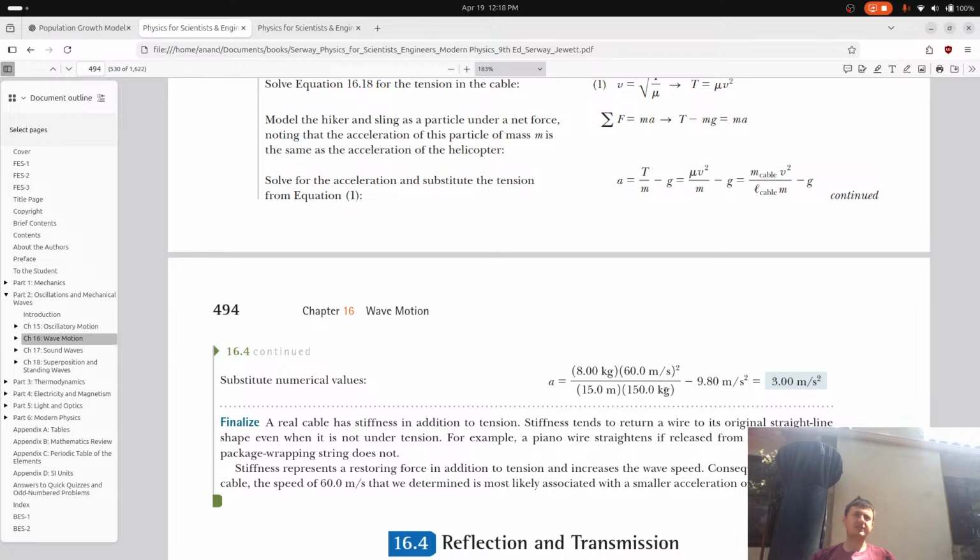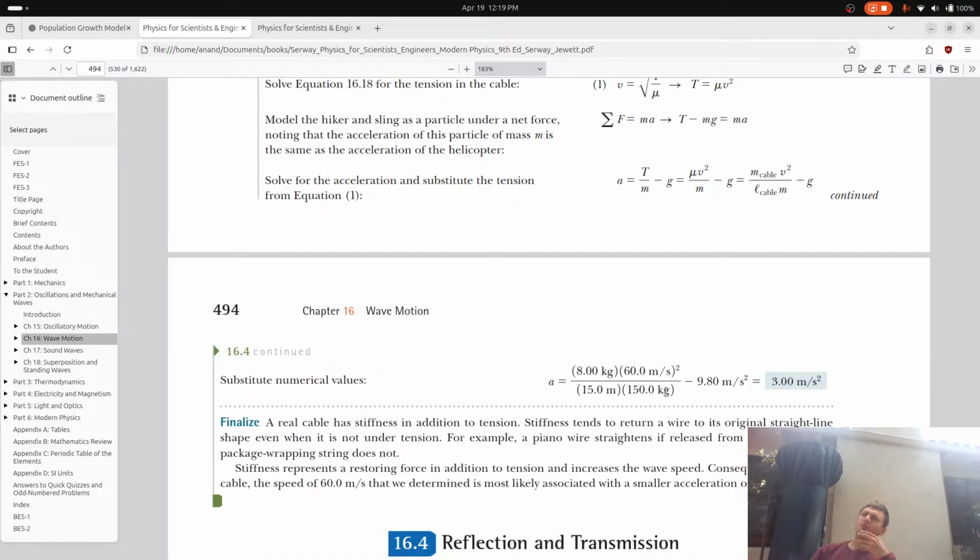Because the wave speed is the square root of the tension over the linear mass density of the string.